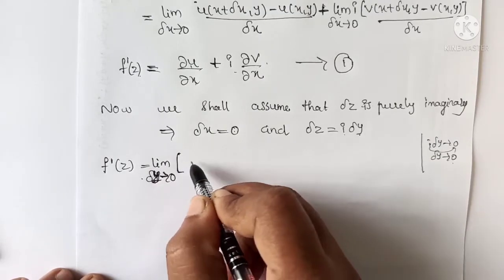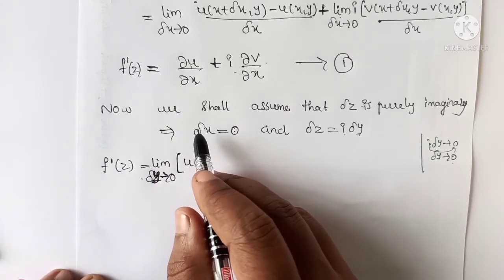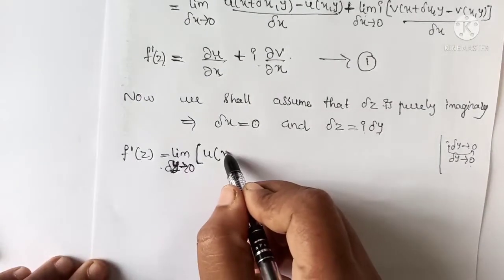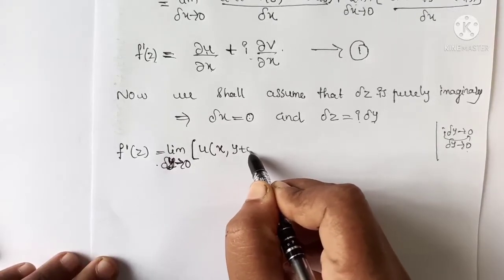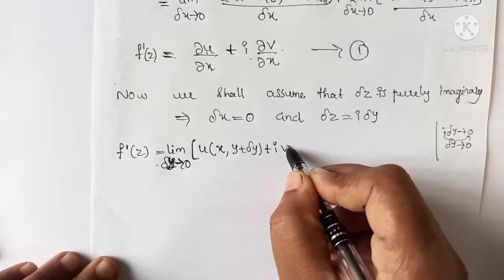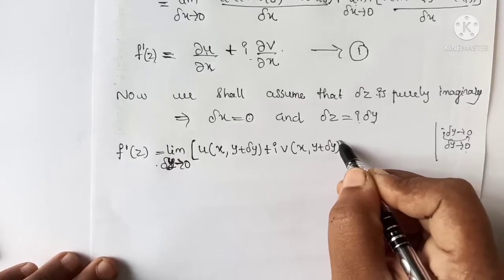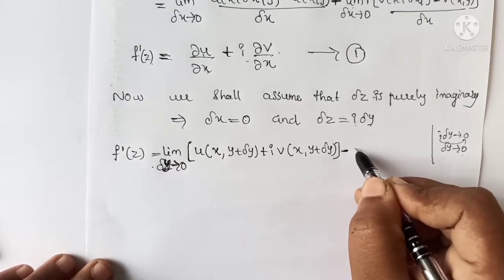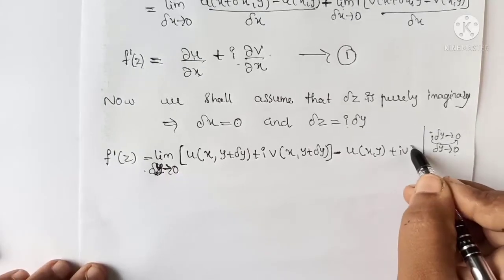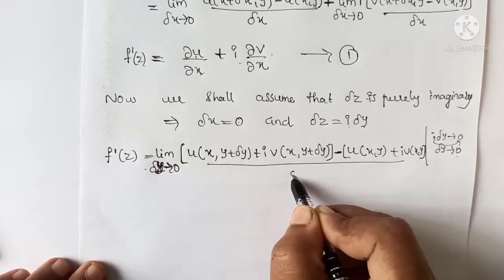Then it becomes u of x, since the delta x terms become 0, we write only the x term comma y plus delta y, plus i v of x comma y plus delta y, minus u of x comma y plus i v of x comma y as it is, whole divided by the denominator.